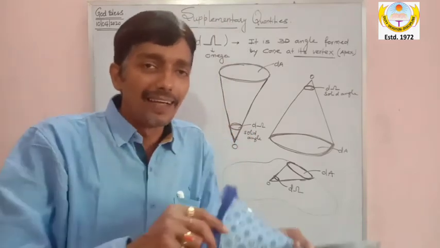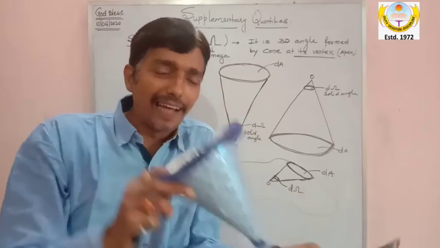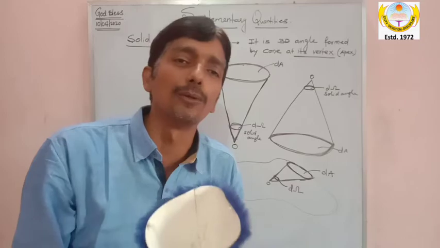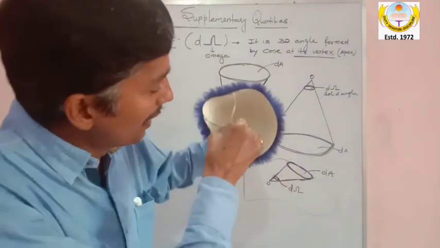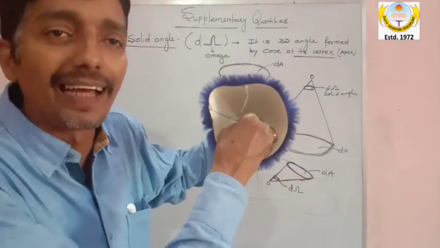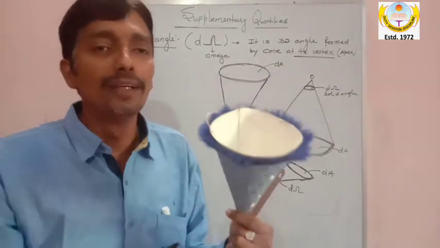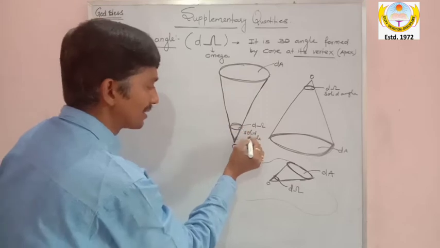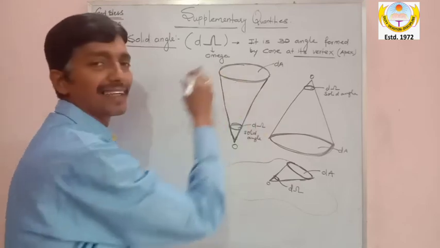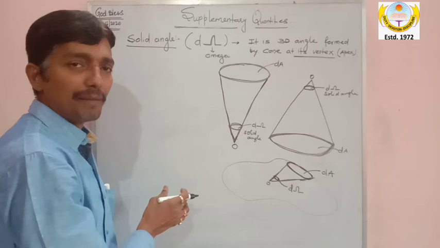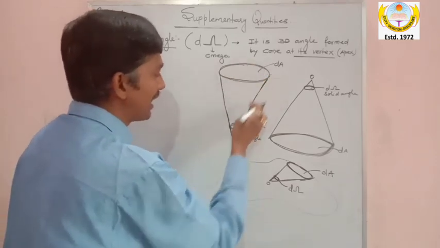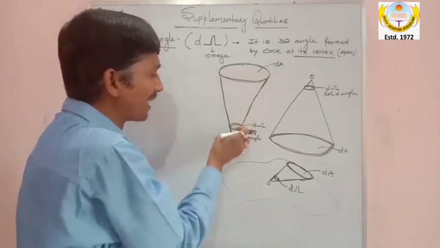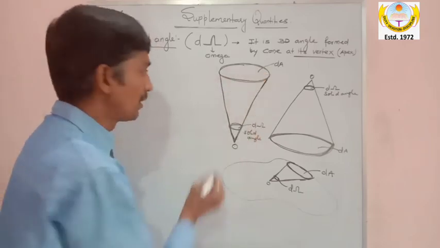So my dear, the entire packet looks like a cone, and the angle is formed here inside. That's a 3D angle formed by the cone at its vertex. But who made this solid angle? How did it happen? Because if I increase this area, of course the angle will increase. If I decrease the area, the angle will decrease. So look at it, you can see.